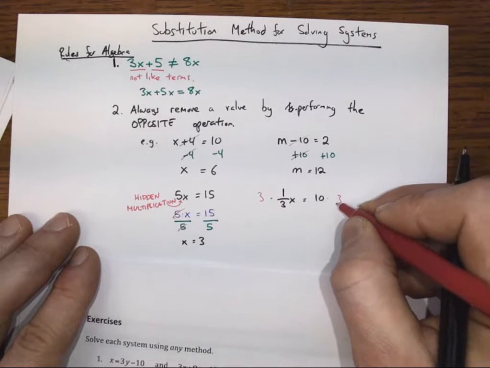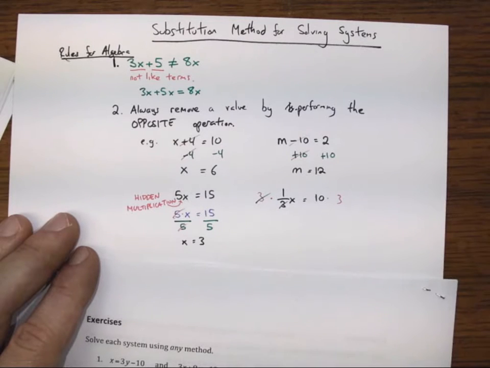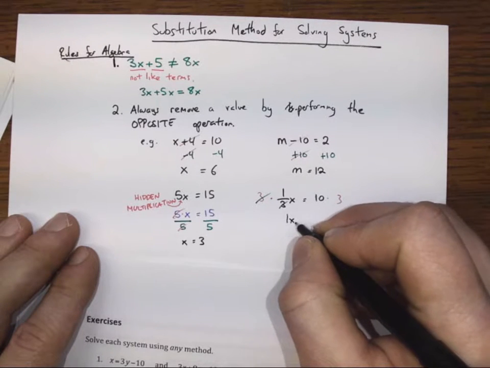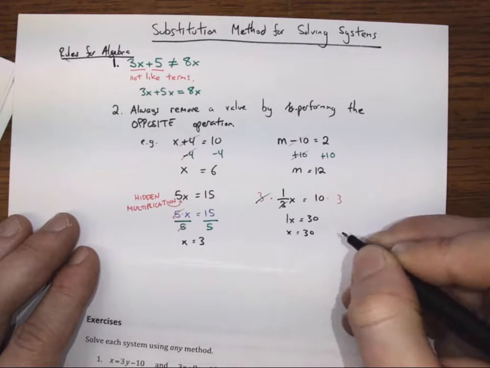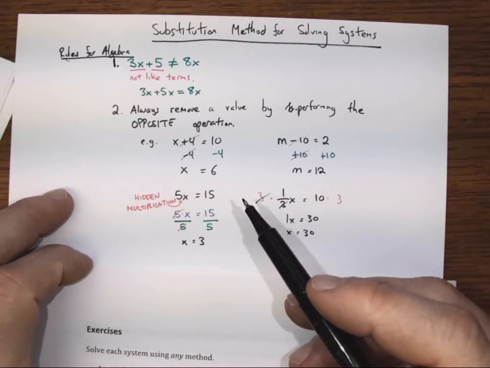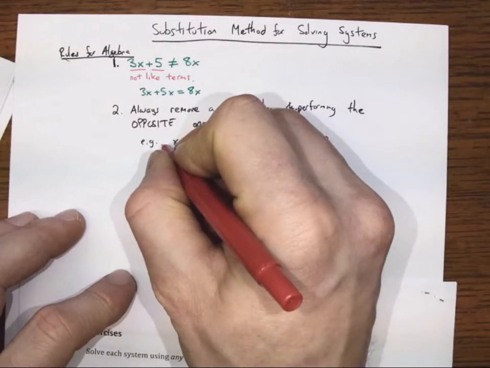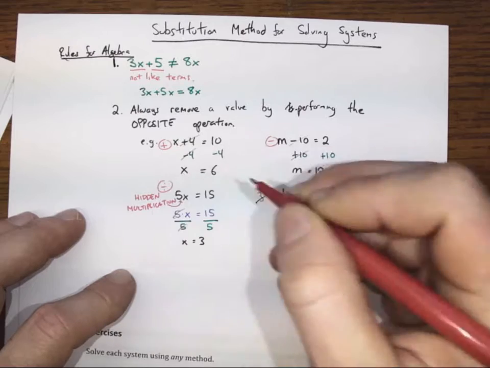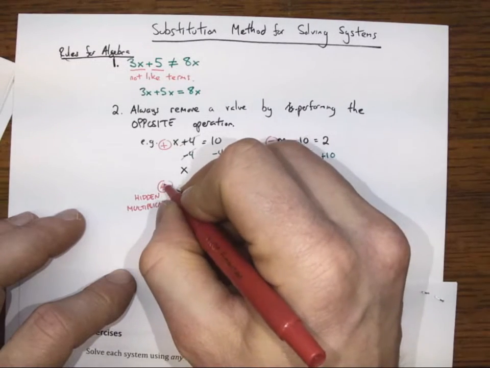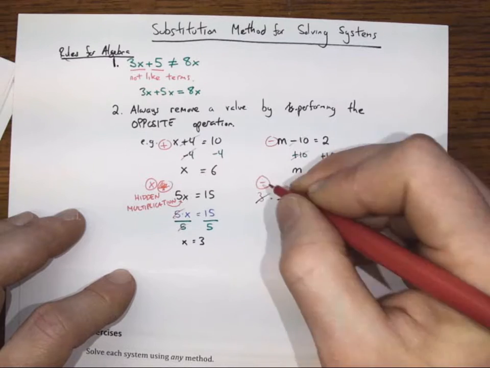That cancels out these 3's, and then we get 1x is 30, or x is 30. So those are our situations: we have an adding situation, a minus situation, a divide situation, and a times situation.